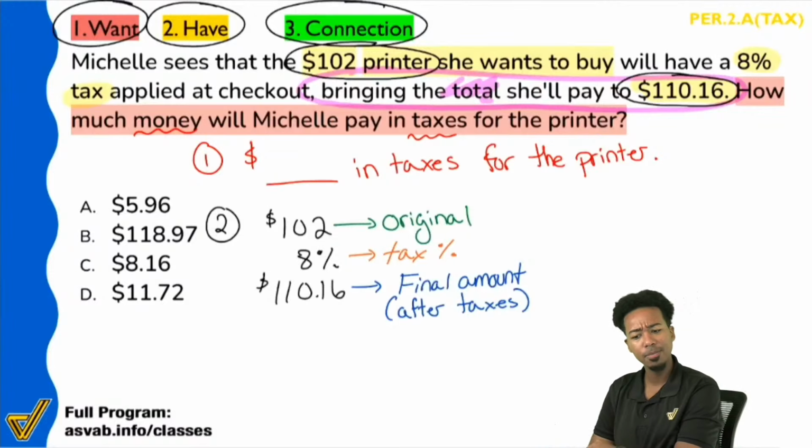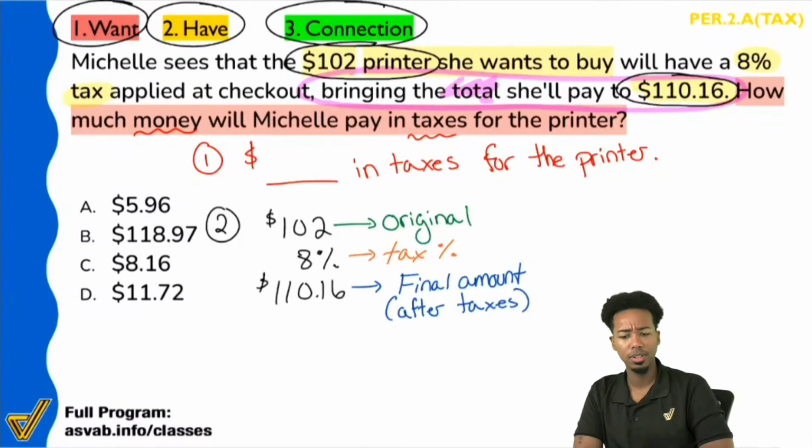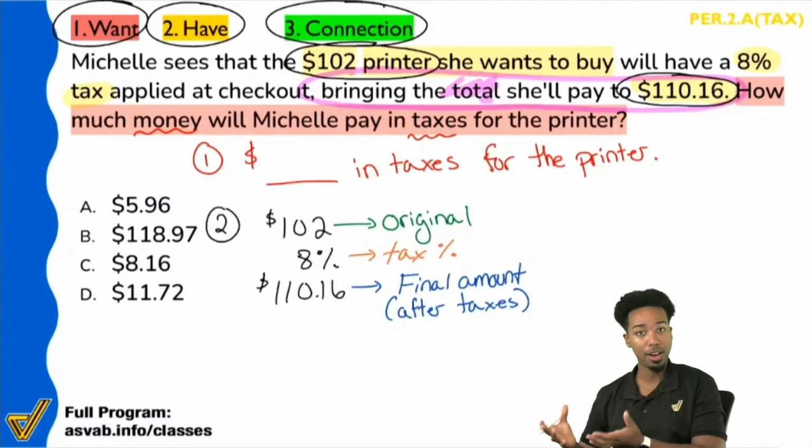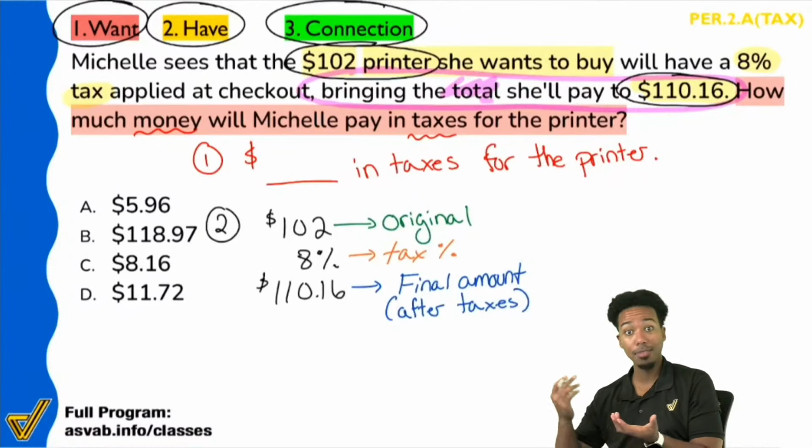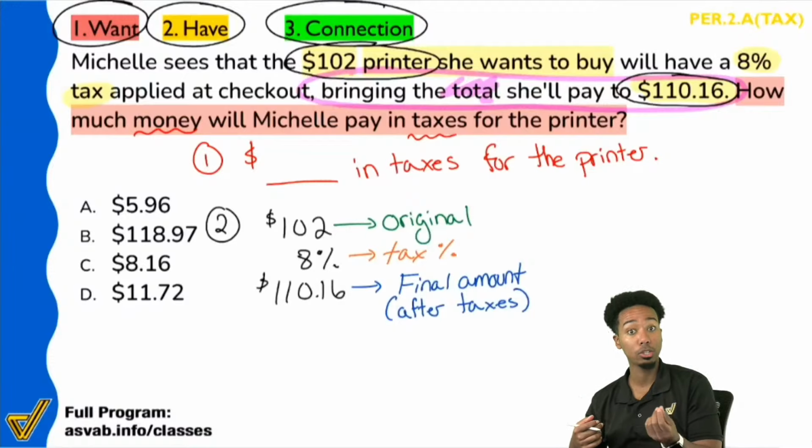Is that fair to you? Yeah, that's absolutely what's going to happen in this problem here. You check out what you have as the final price, and here you already have the original price. So you can subtract, and that'll give you how much tax you got charged.